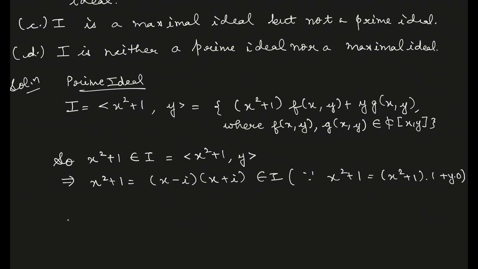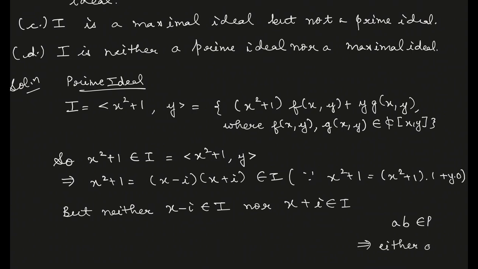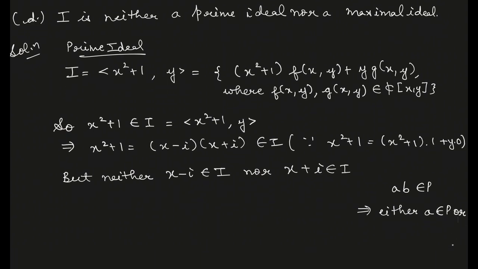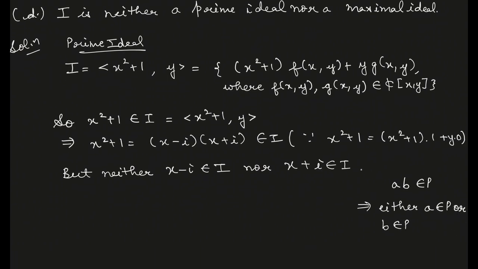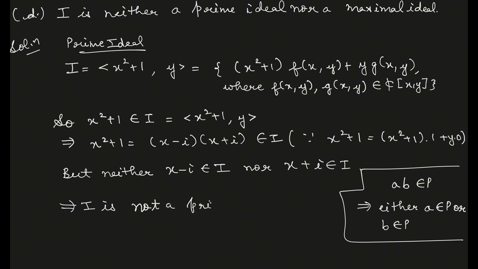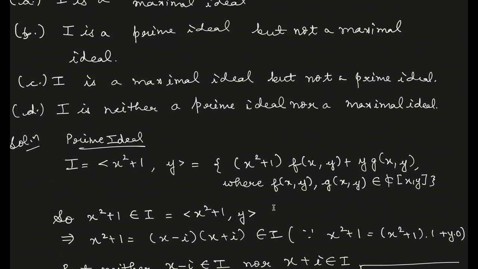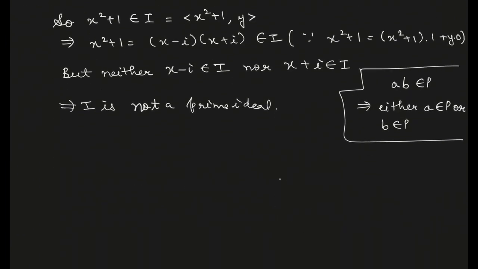So you can clearly see that neither x minus iota belongs to I nor x plus iota belongs to I, because the definition was that AB belongs to P implies either A belongs to P or B belongs to P, then only it is a prime ideal. So here I is not a prime ideal. So option B is wrong because it is saying that I is a prime ideal.